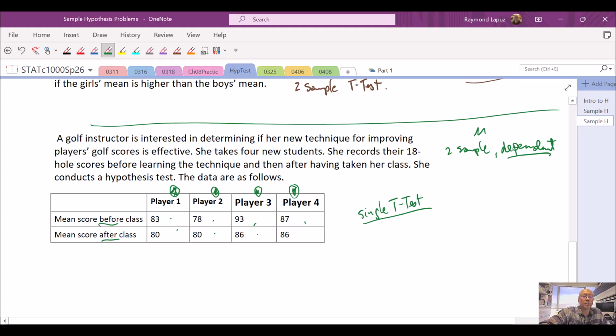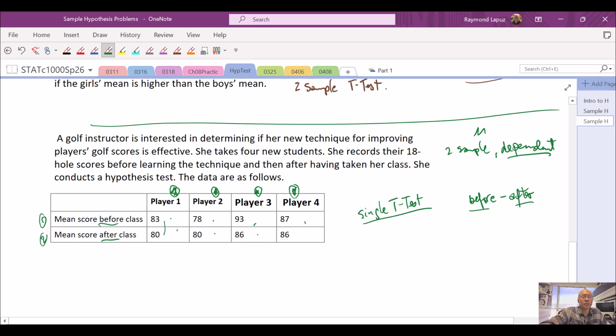So this first number is going to be the difference. It's usually before minus after, the first sample minus the second sample.